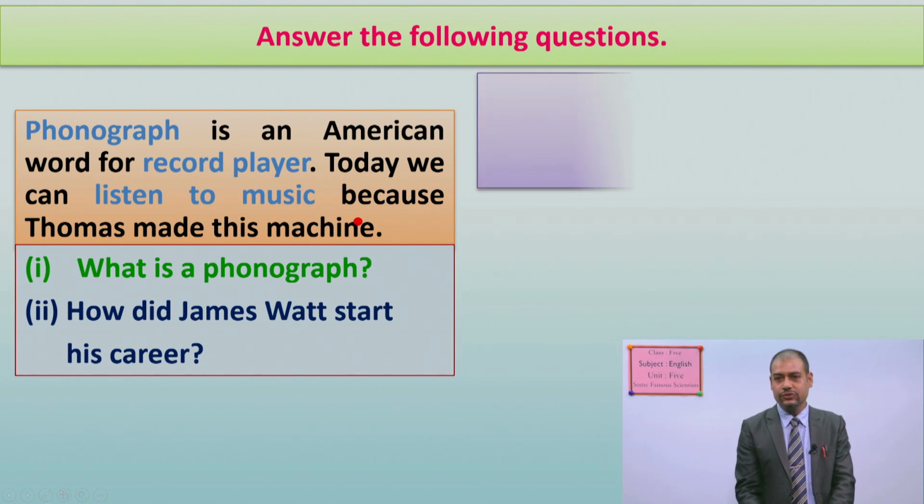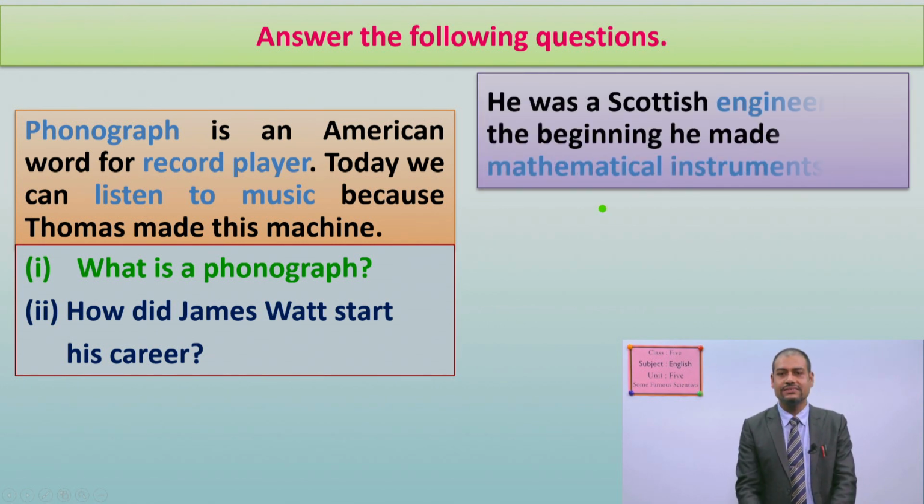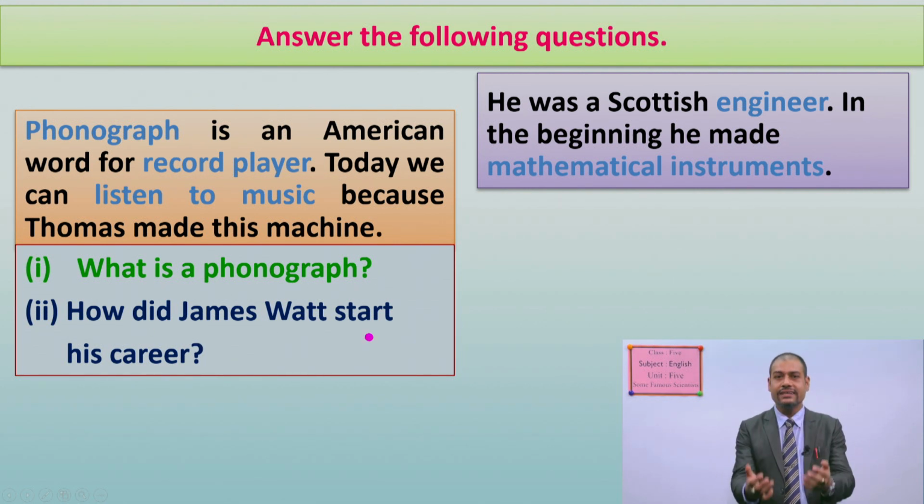Likewise, for number 2, you can find your answers in this line. Look at, he was a Scottish engineer. In the beginning, he made mathematical instrument. These are the keywords, okay? Engineer, mathematical instrument. So you can make your answer for question number 2. And your answer should be like this one.